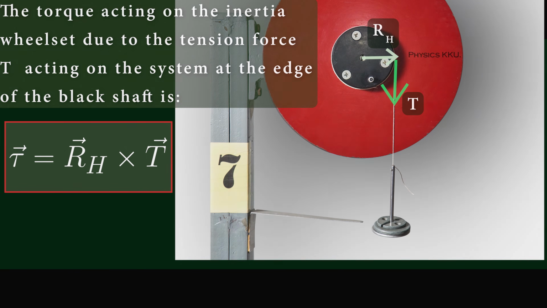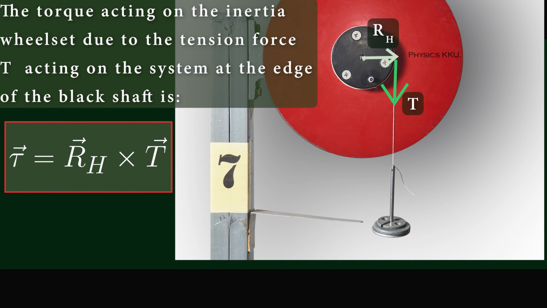The torque acting on the inertia wheel assembly due to the tension force T acting on the system at the edge of the black shaft is torque equals RH cross T. RH is a vector pointing from the axis of rotation to the position where the rope tension T acts on the system. The figure shows that vector RH and vector T are perpendicular to each other, making an angle of 90 degrees.